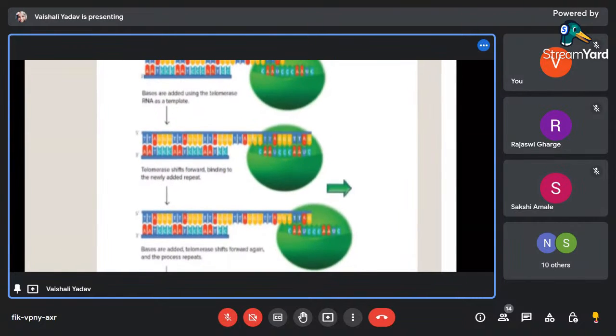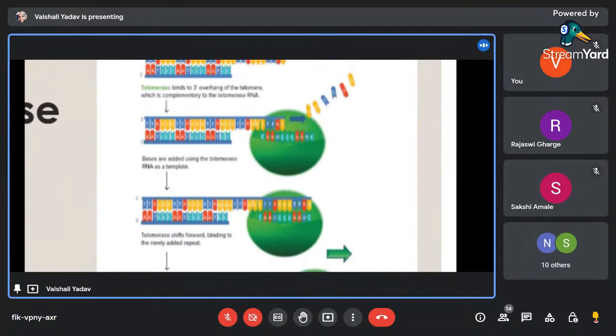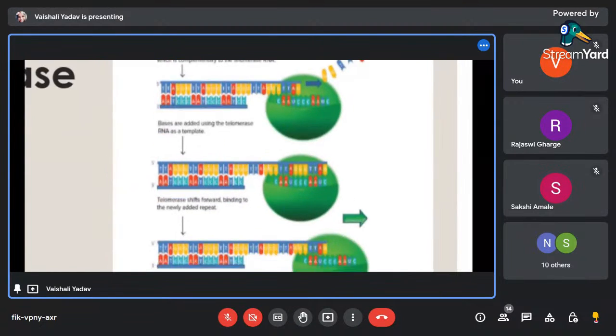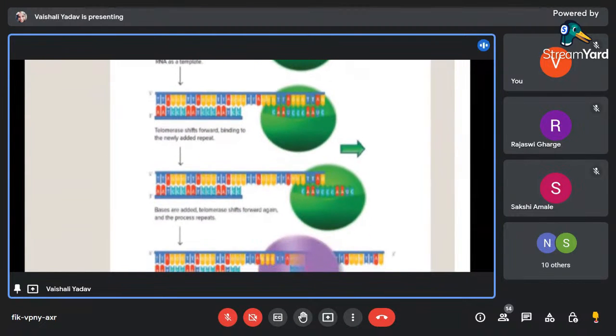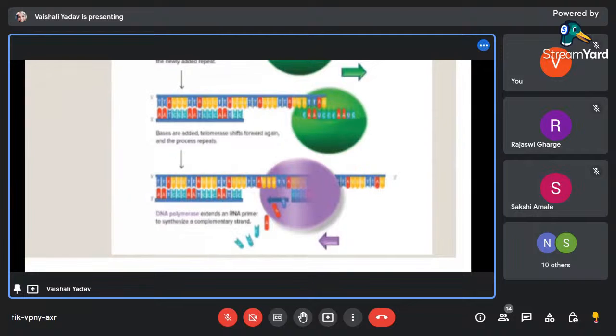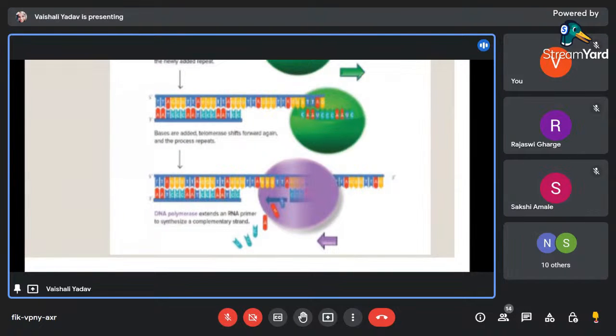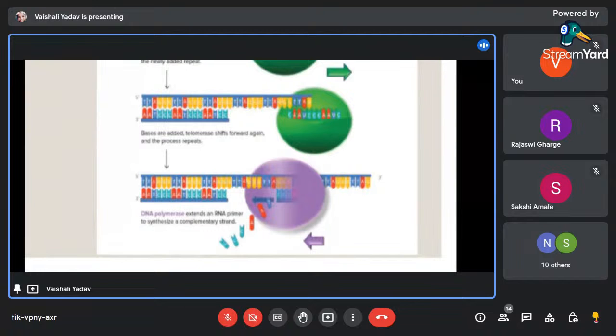Using the telomerase RNA as a template, bases are added, then telomerase shifts forward, binding to the newly added repeat. Bases are added, telomerase shifts forward again, and the process repeats. DNA polymerase then extends the RNA primer to synthesize a complementary strand.